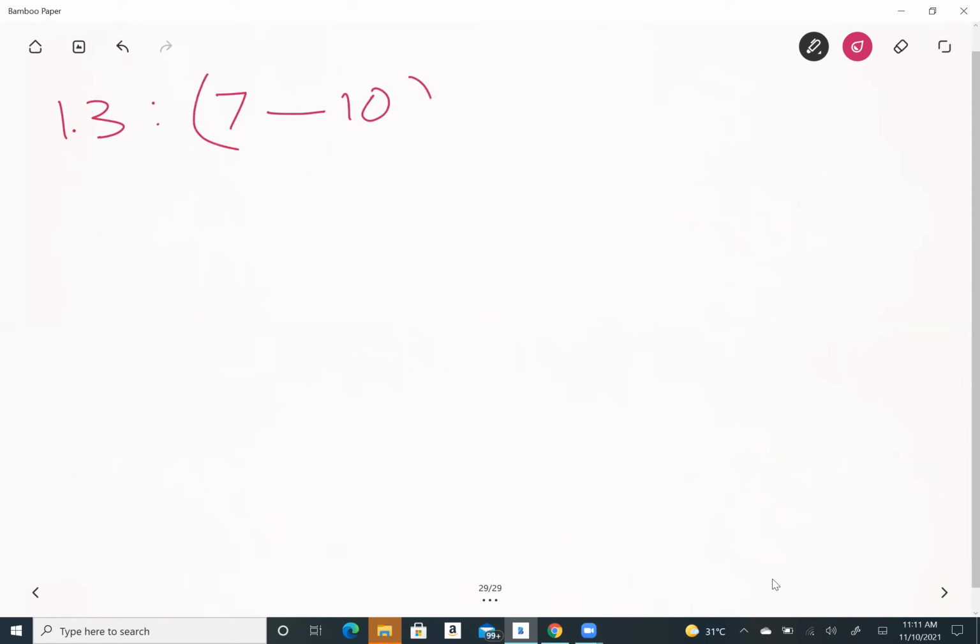The question in the book asks you to find the slope, but I don't want you just to find the slope. I want you to find the slope, find b, and also the linear function. That is based on what we have just learned.